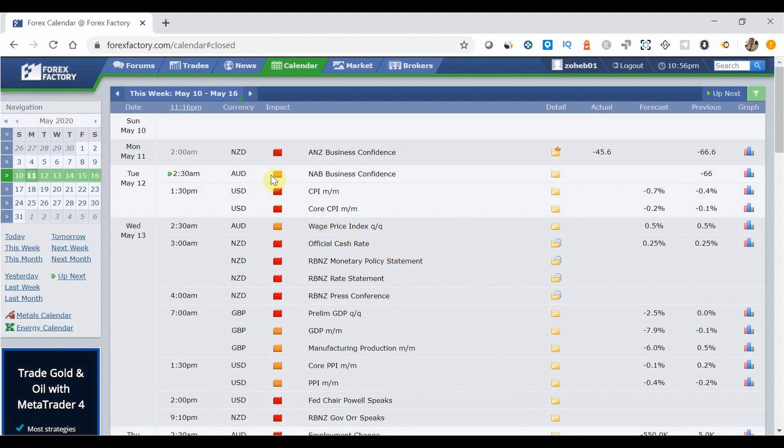The Aussie dollar has this NAB business confidence event coming out at 2:30 UK time, and it's not a major impact news, otherwise it'd be red. It's more of a medium impact, but this was the only medium impact news event happening inside the Asian session today. And obviously we've got the CPI news event in the US at 1:30.